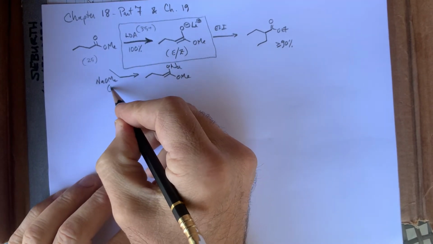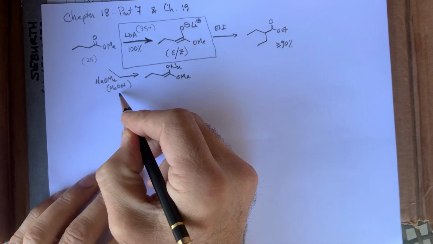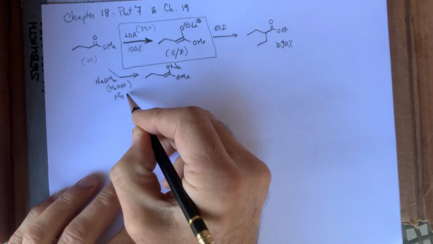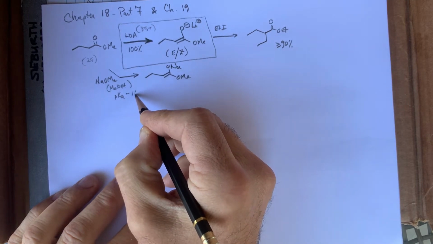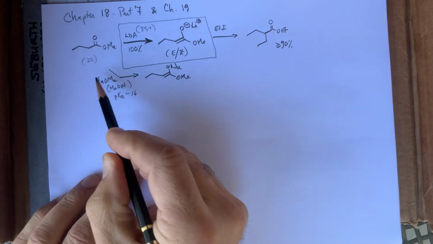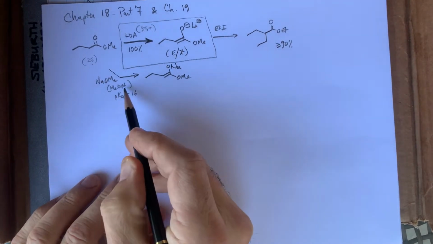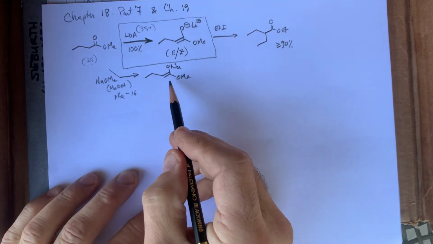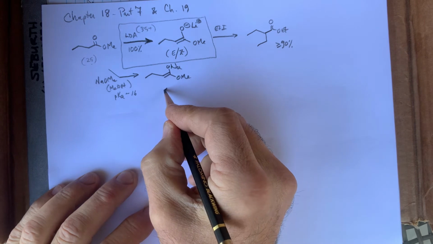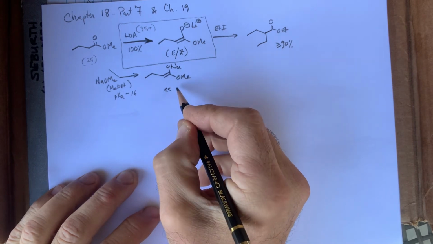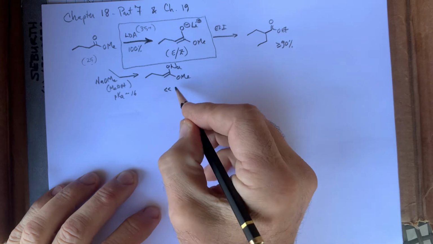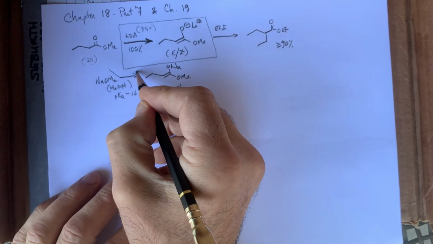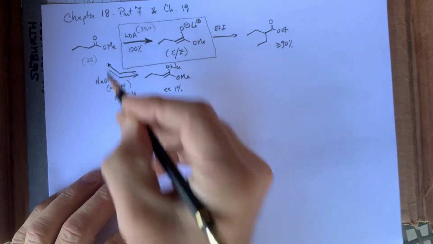This is usually done in methanol, again for solubility issues, and the pKa of methanol is about 16. So that's less acidic than the ester, and so if you treat the ester with sodium methoxide, you get much less, 9 orders of magnitude, 1%. And so this is an extremely reversible reaction.